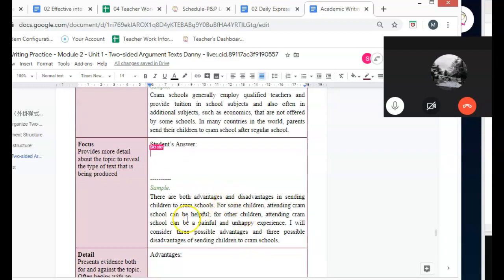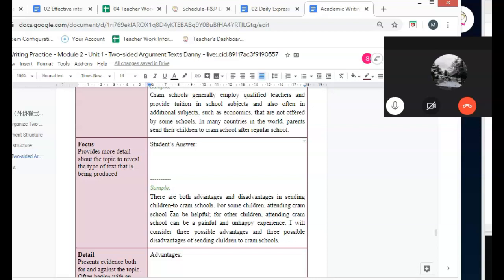Now how about the focus? It provides more detail about the topic to reveal the type of text that is being produced. So the sample, please read first, Danny. There are both advantages and disadvantages in sending children to primary schools. For some children, attending primary school can be helpful. For other children, attending primary school can be a painful and heavy experience.